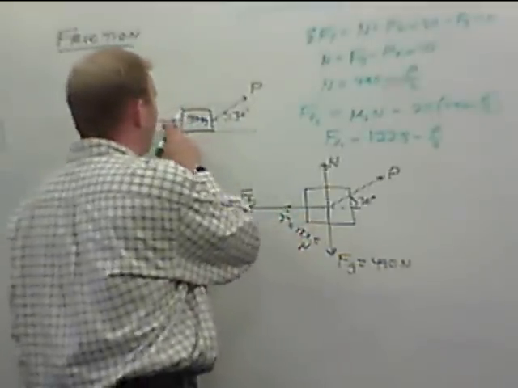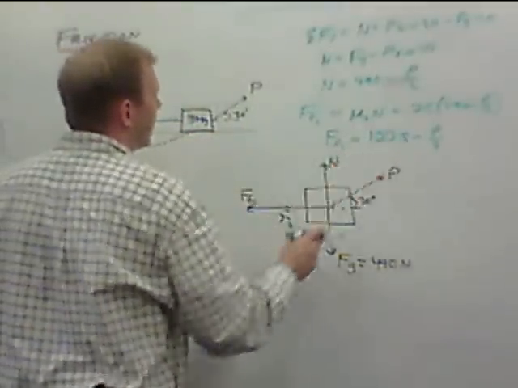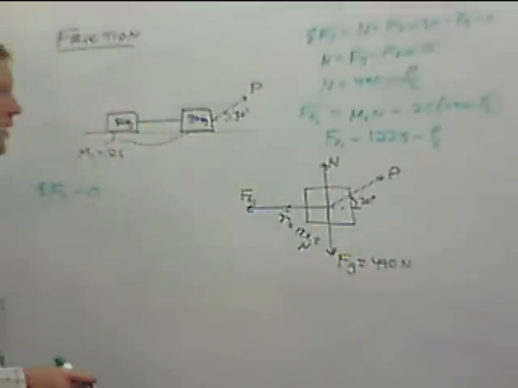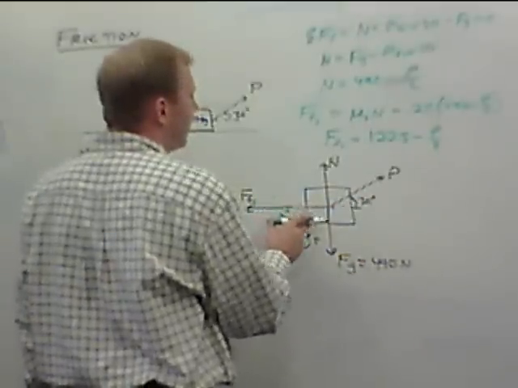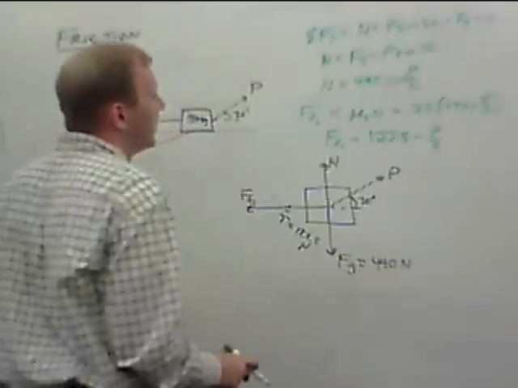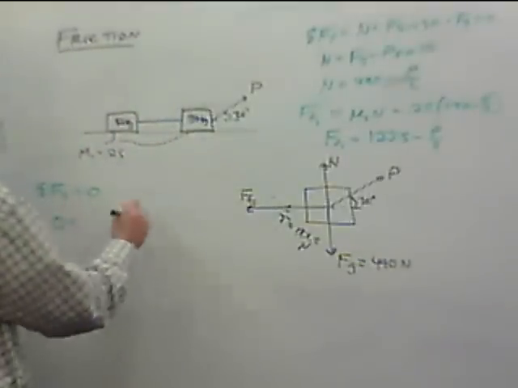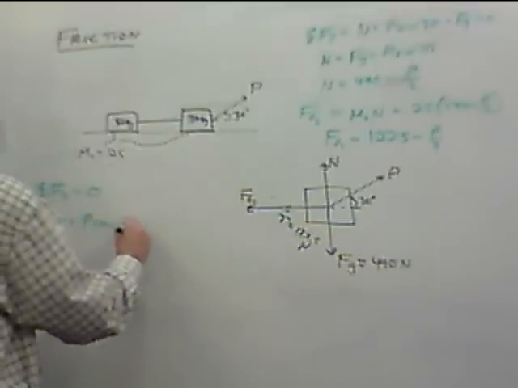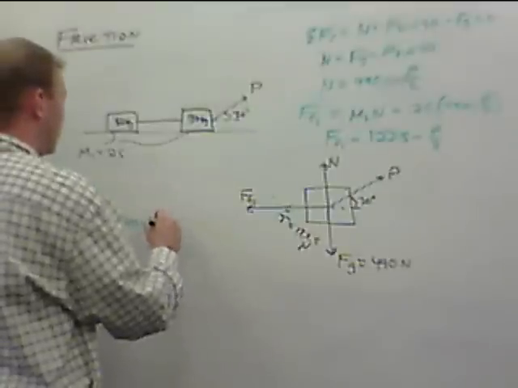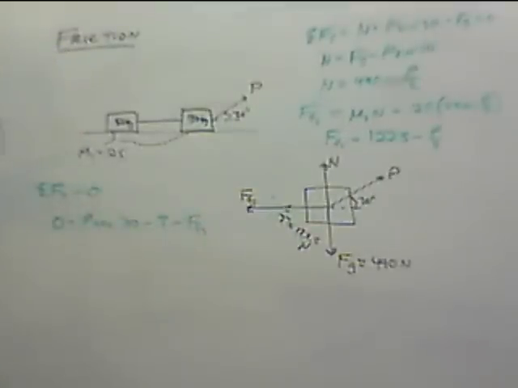just barely is canceled by these pulling back, the 122.5 newtons of tension in the cable plus this frictional force here. Okay, we're looking again for the point where these two just barely cancel this. So we're going to go with 0 equals P times the cosine of 30 minus T minus force of static friction here.